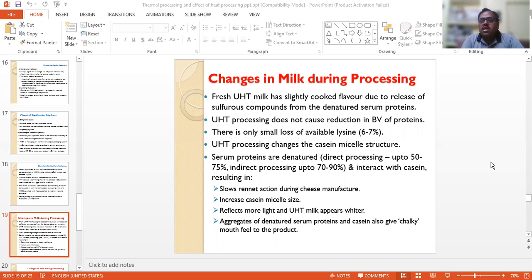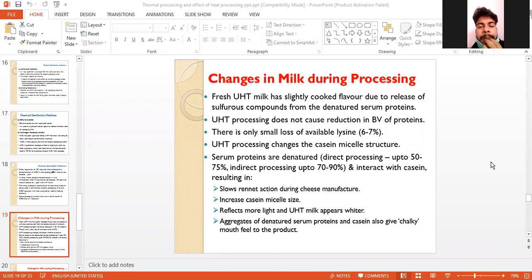We can also say that 50 to 70% of the serum protein is denatured due to the indirect processing of the milk, and in direct processing we can lose 70 to 90% of the serum protein.